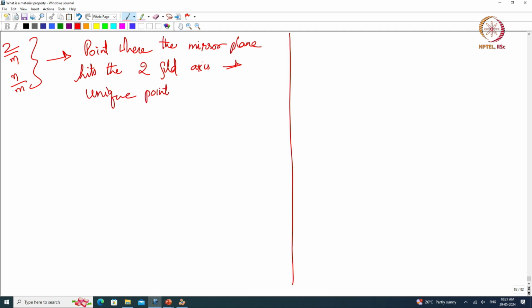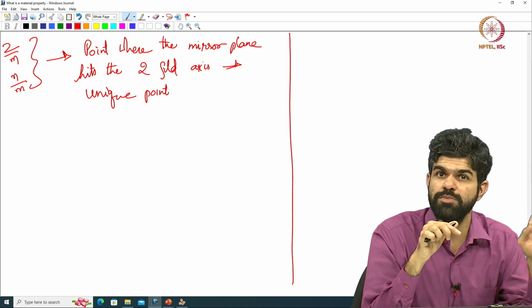So, you have a unique high symmetry point. Not all points are equal. This point where the mirror plane hits the two-fold axis or n-fold axis of symmetry is unique, a unique point of high symmetry.